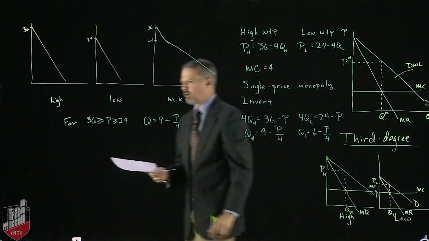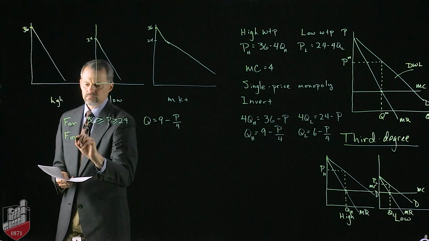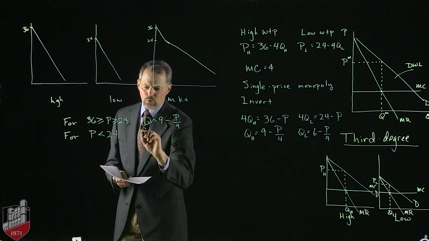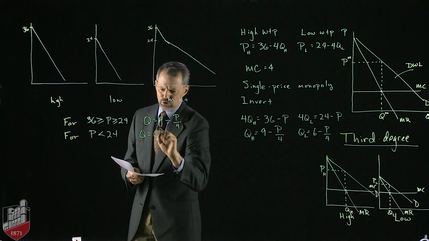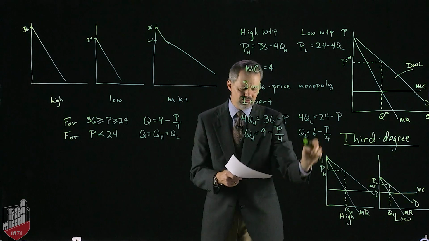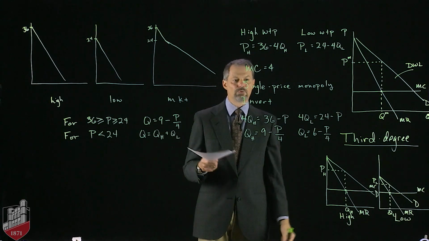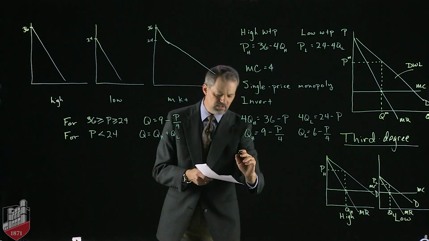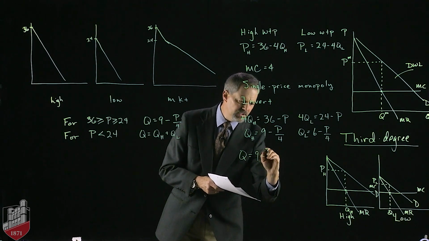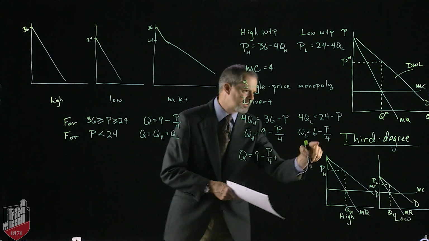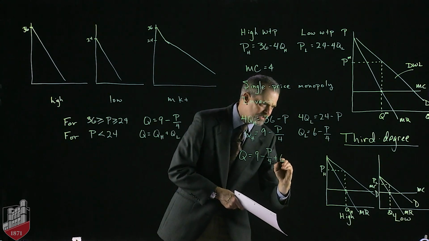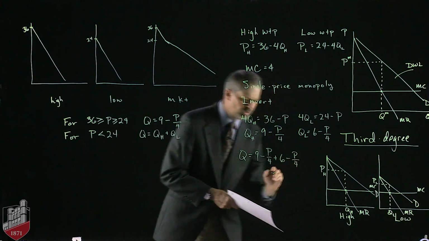But for any price less than 24, the total quantity is going to be QH plus QL. It's going to be the sum of these two, right? And so if we add those up, let's do that right here. Our market demand curve would be QH, 9 minus P over 4, plus the quantity demanded by the low willingness to pay group, plus 6 minus P over 4, right?